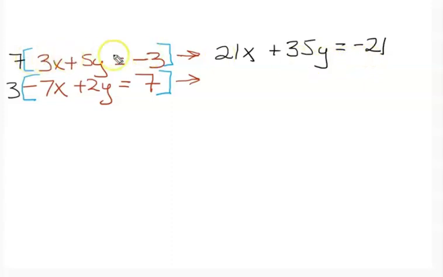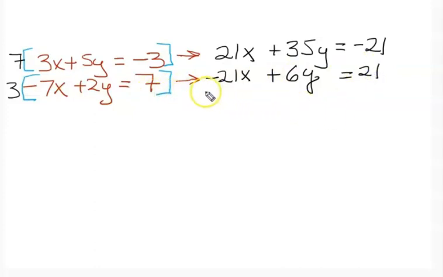Okay, we've modified every term. Now here, this is going to be a negative 21, which is what I'm looking for, something that will cancel out. Now 3 times this is 6y, and then this times this is a positive 21.